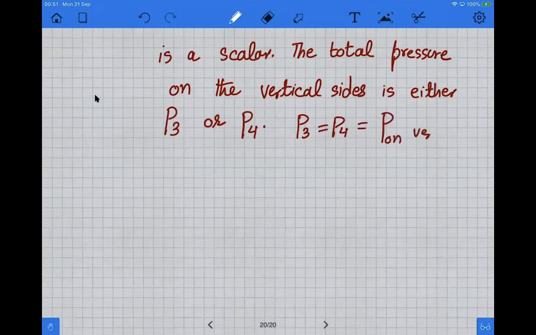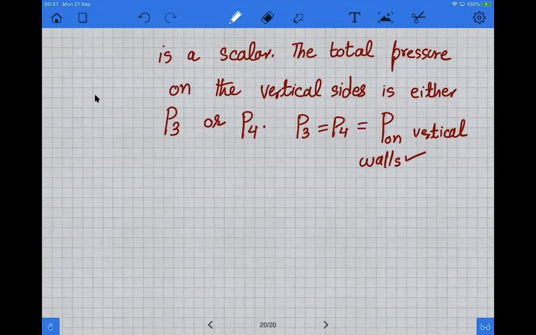on vertical walls. This pressure cannot increase or decrease. You cannot add it or subtract it, because pressure is independent of the area of the walls.